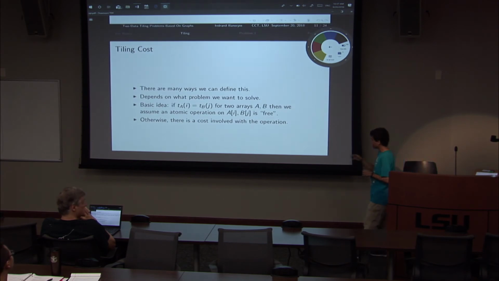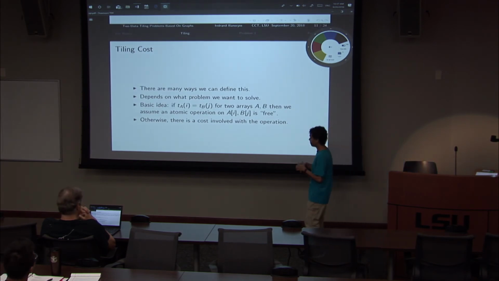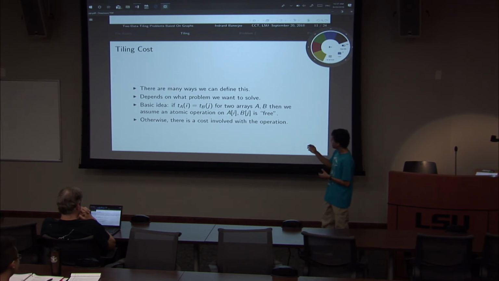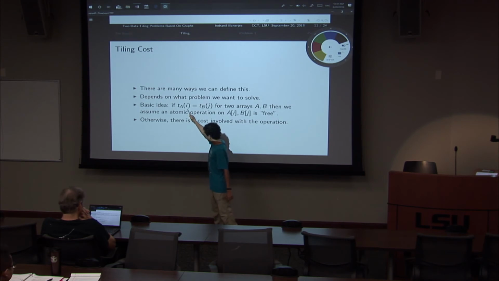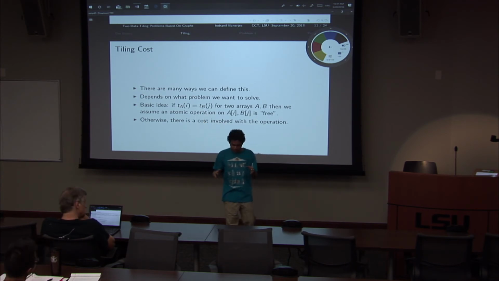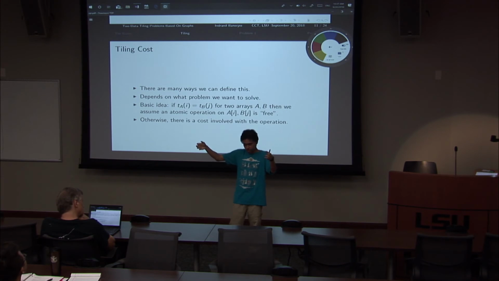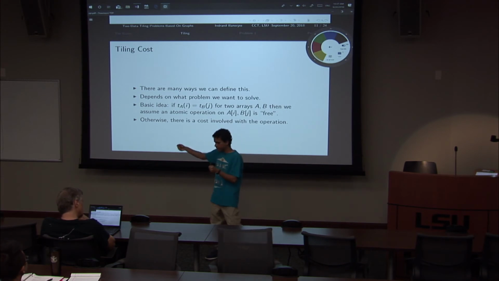Okay, tiling cost. There are many ways to define it; here we're just making a very basic model. If the ith element of A and the jth element of B are mapped by the tiling to processors that are not equal, that means they are not in the same processor, and then we say they incur some cost.